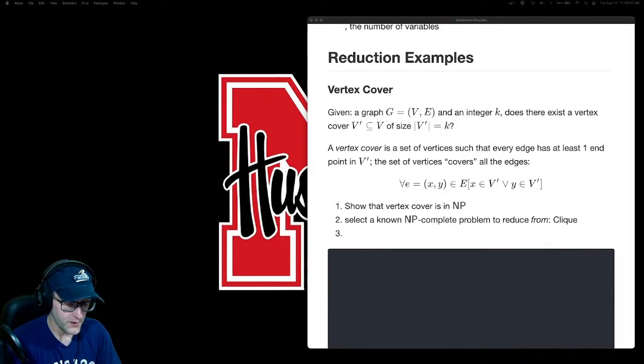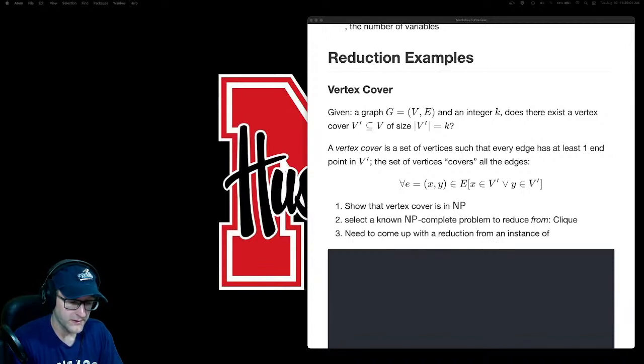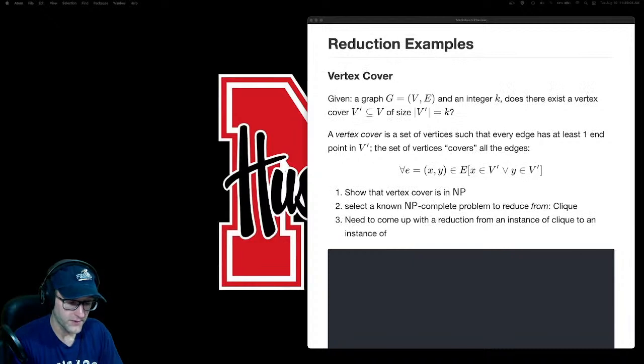Step 3, we need to come up with a reduction from an instance of clique to an instance of vertex cover. All right, and so here's my mapping.